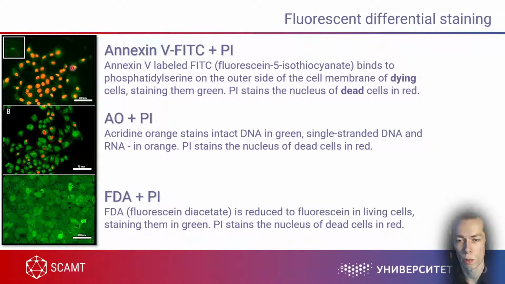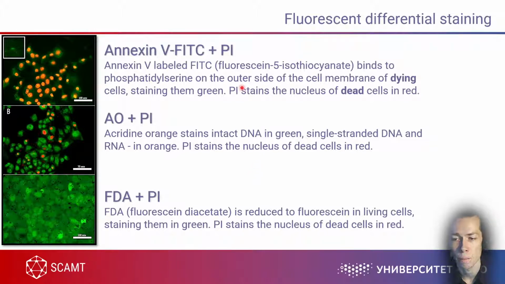And also one of the most used examples of a couple of dyes, which is also used for flow cytometry, is FDA, fluorescein diacetate, and propidium iodide again. Fluorescein diacetate can stain living cells in green. Again, propidium iodide can stain the cell nucleus in red, and they have been frequently used for flow cytometry for maybe the last 50 years.